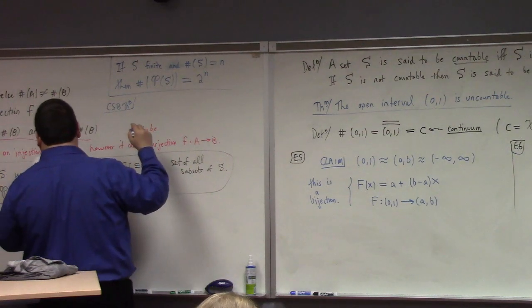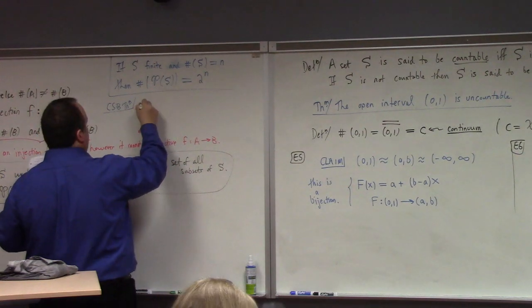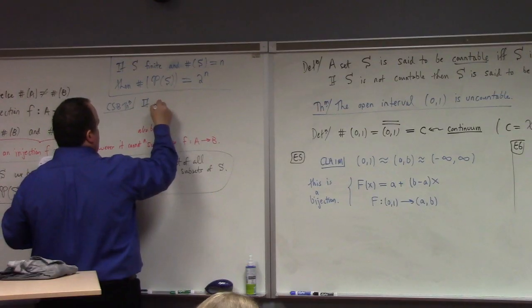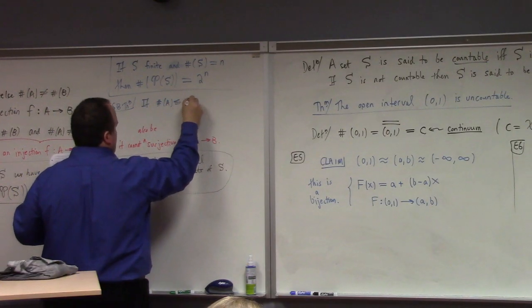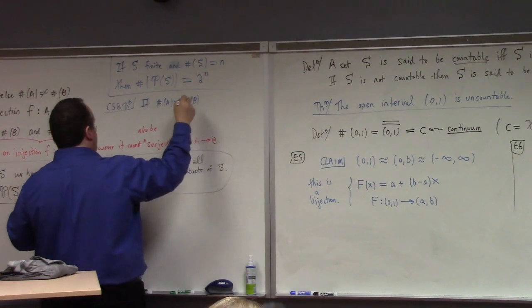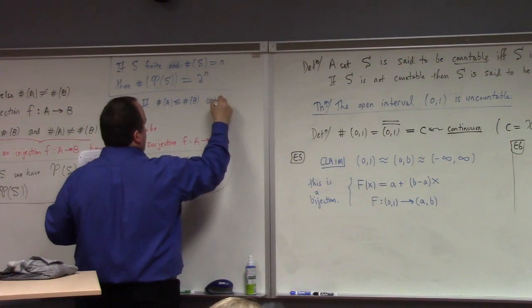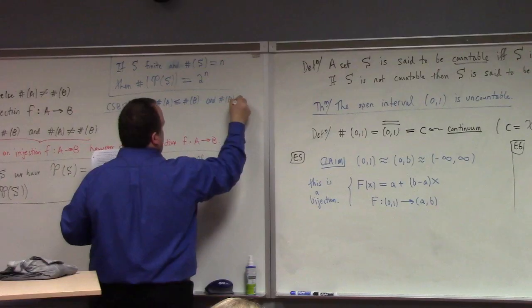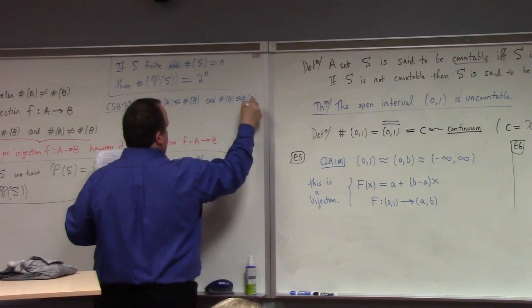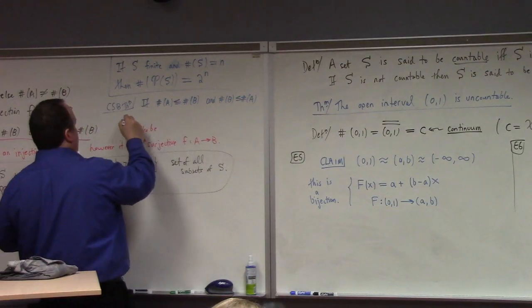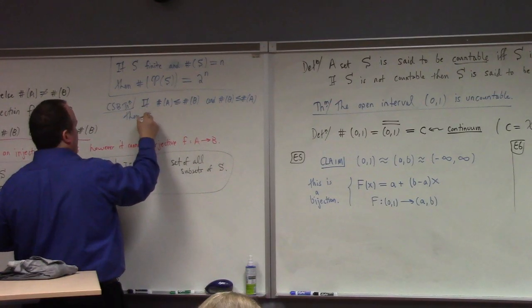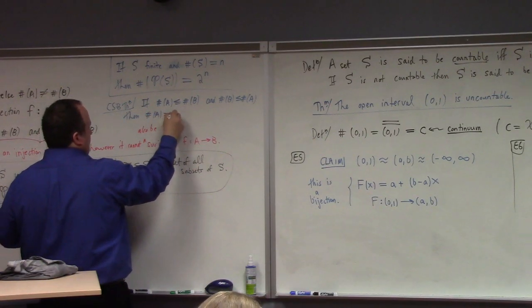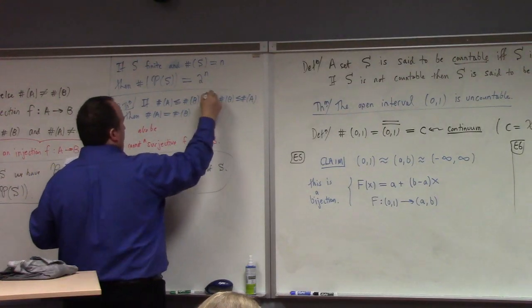It says that if the cardinality of A is less than or equal to the cardinality of B, and the cardinality of B is less than or equal to the cardinality of A, then the cardinality of A is equal to the cardinality of B.